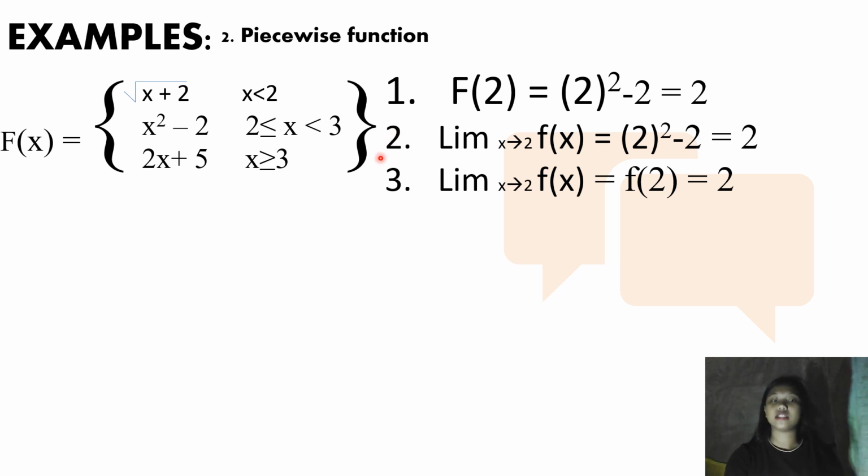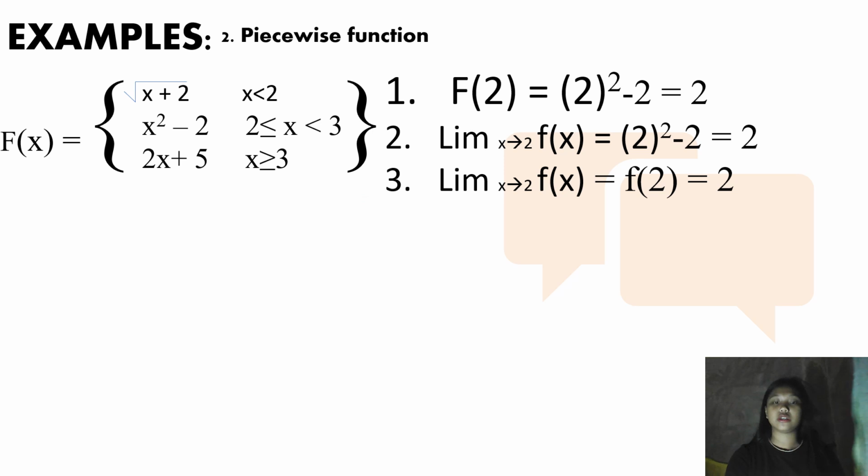Now the second condition was to find the limit of the function. Here, the limit x approaches 2 of the function is equal to 2 squared minus 2 is equal to 2. Again, because 2 squared is equal to 4 and 4 minus 2 is equal to 2.